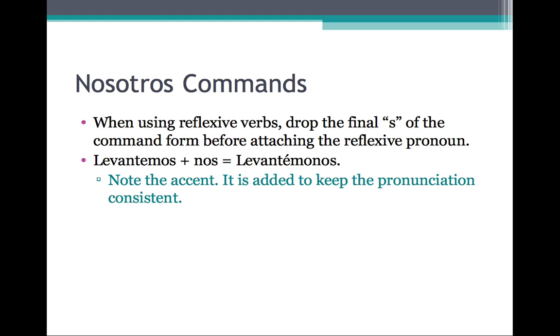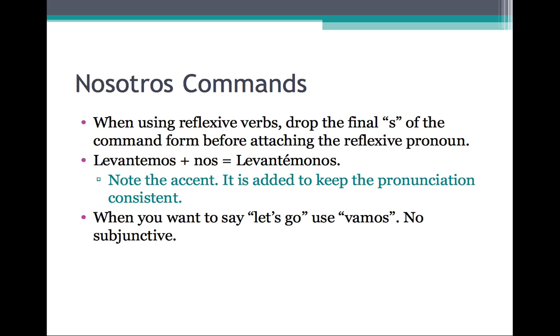So the E on that emos ending is now accented. Levantémonos. Anybody confused on how I got that? We use the subjunctive of levantarse. The AR verb, so we said levantemos. You have to have a nos ending, or affirmative, when you attach it, so you stick on that nos there. Levantémonos.